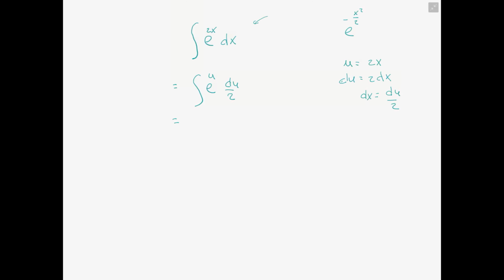So we have du on 2, and that's just 1/2 e to the u plus c, and make our substitution again, 1/2 e to the 2x plus c. And that is our answer.